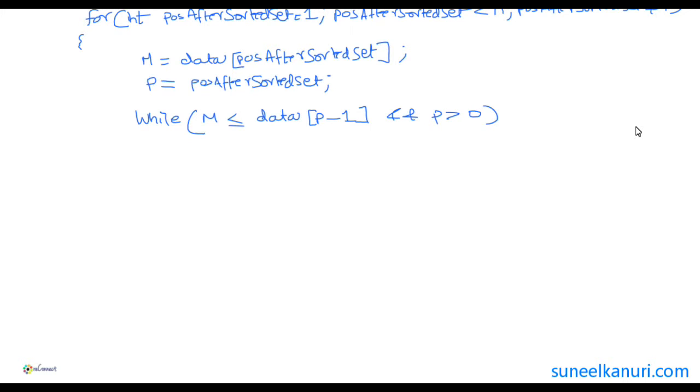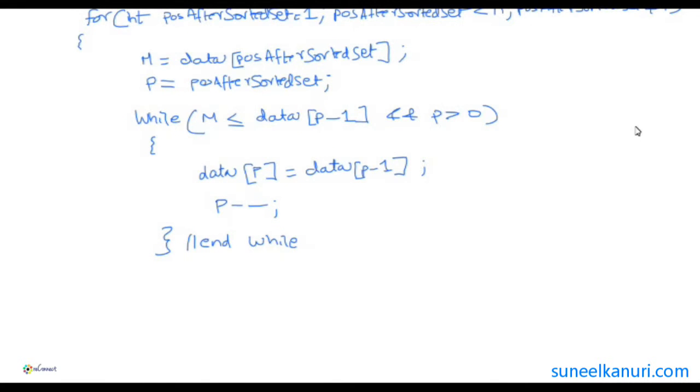So because our m is smaller than whatever the element p minus 1 is pointing to, we will shift that element at p minus 1 to position p. So that will lead us to data of p is equal to data of p minus 1. So we shift it to the right and then we decrement p.